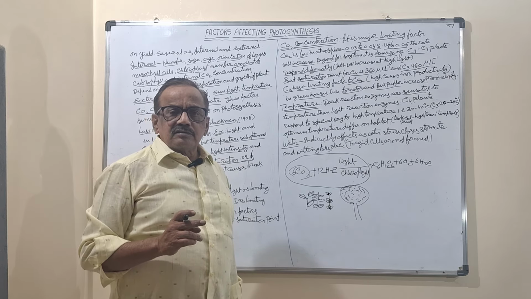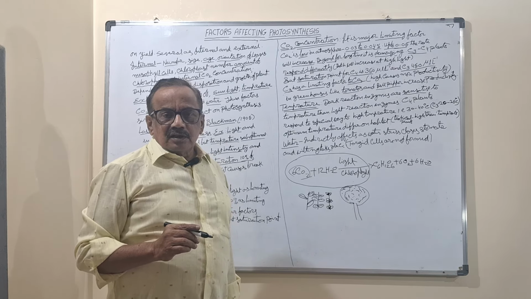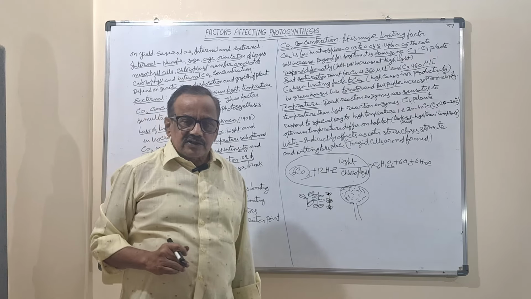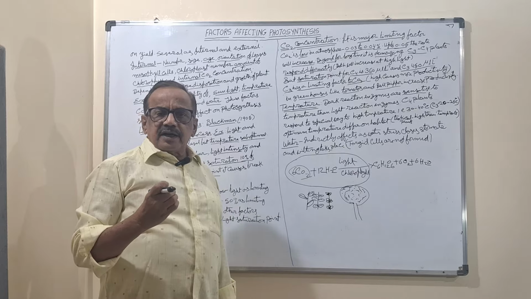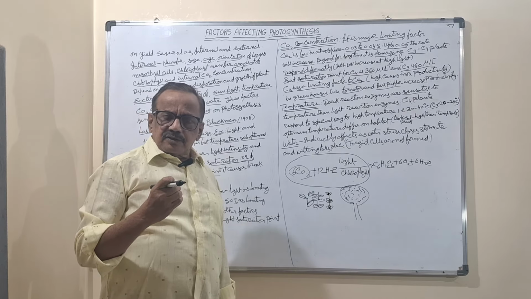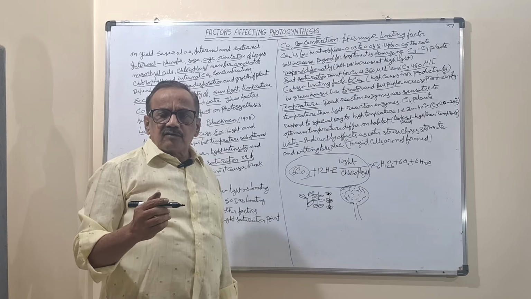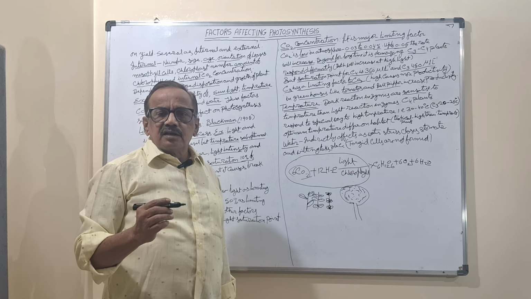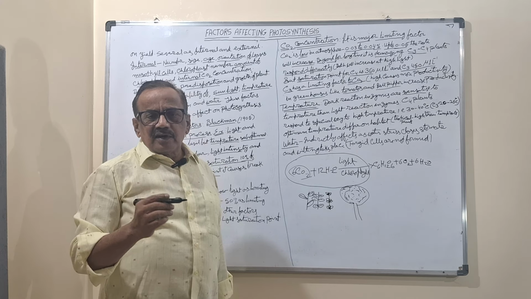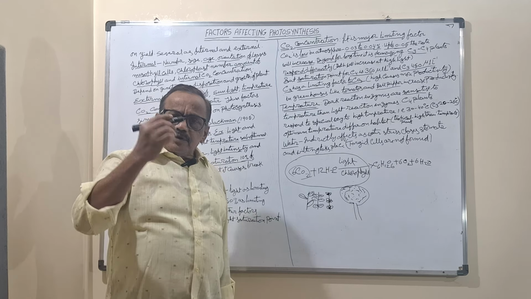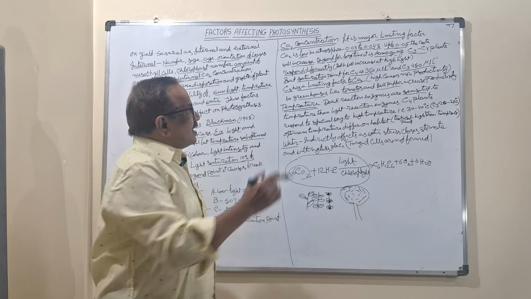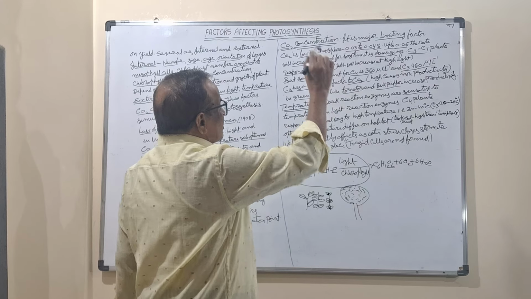You may get a doubt how. Carbonic acid will form. The plant can take only up to 0.05%; above that, carbonic acid will form. The acidity won't be tolerated by the stroma, and all the things will be affected. That is the damage.